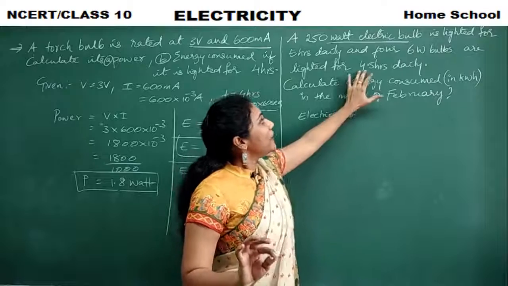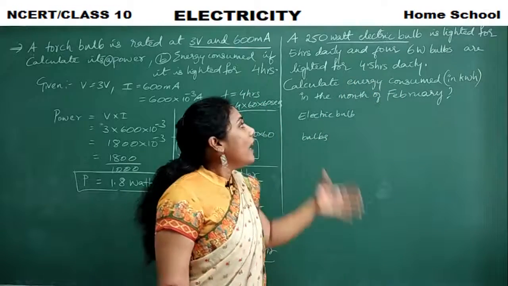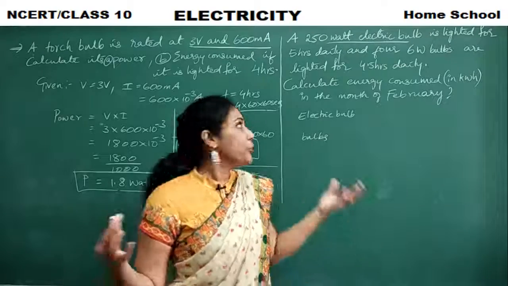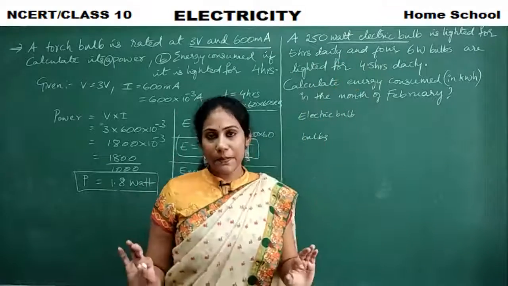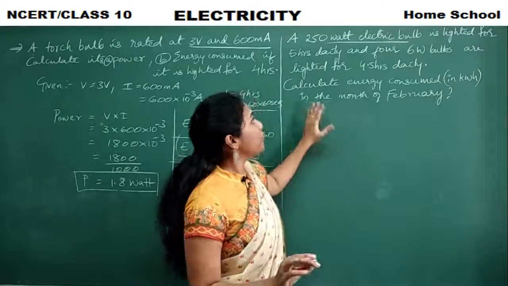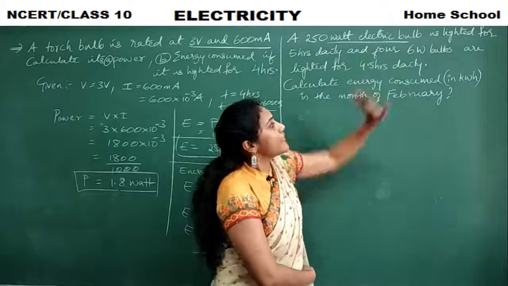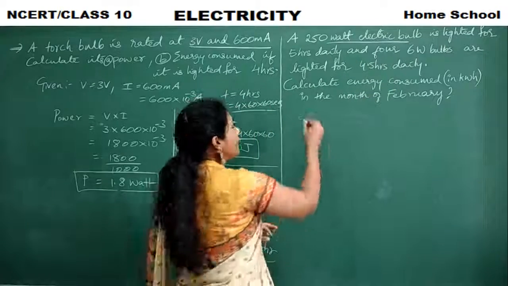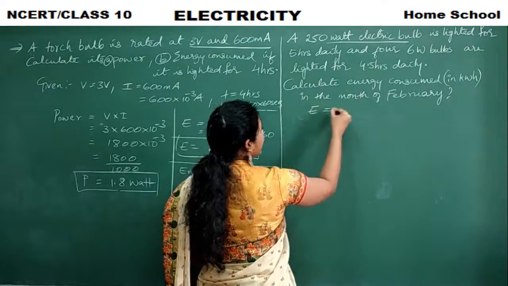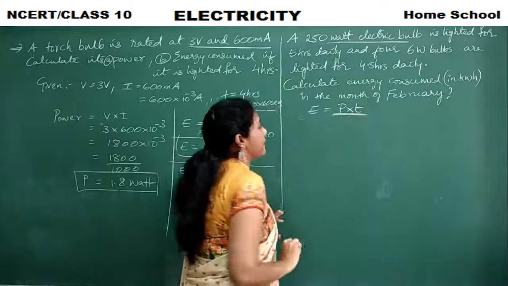So in total of 28 days, how much energy is consumed by 6-watt bulbs? Separately we will find out the energy consumed by electric bulb and the energy consumed by 6-watt bulb. We all know how to find out the energy, right? The formula is power into time, right? Keep this in mind.